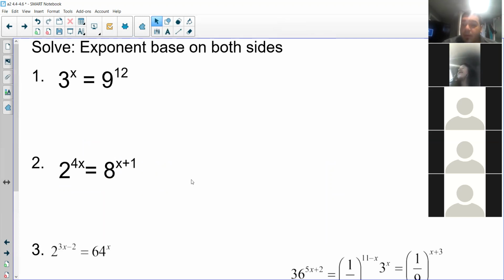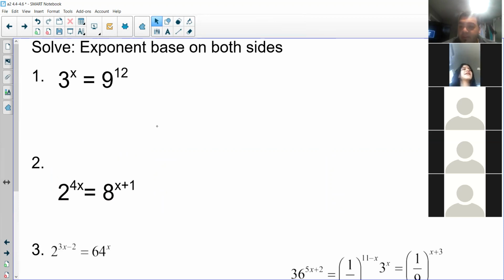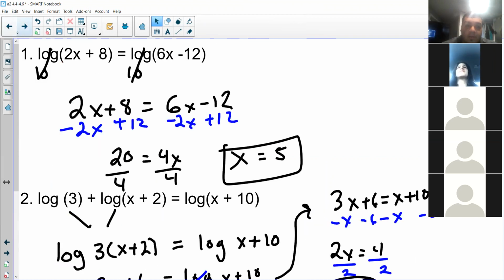Okay. So 3 to the x power equals 9 to the 12th power. Now, what would be nice is if we had the same situation as we had with logs last time. Just a reminder, what does that mean?